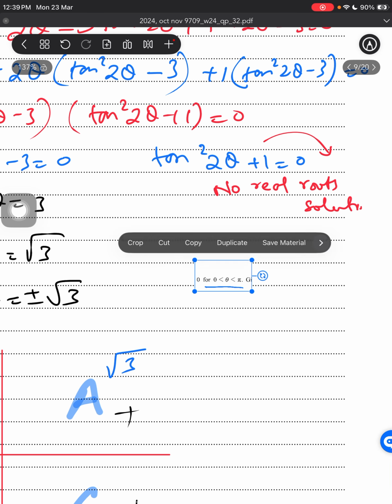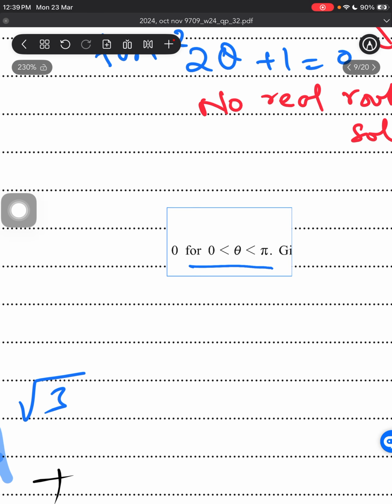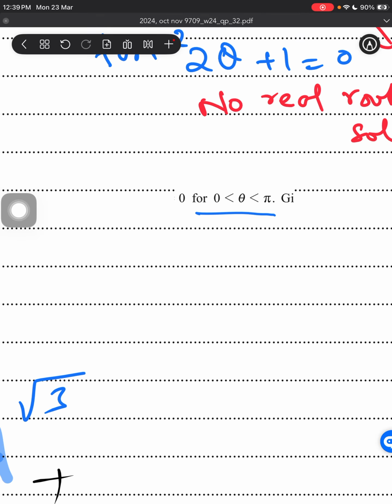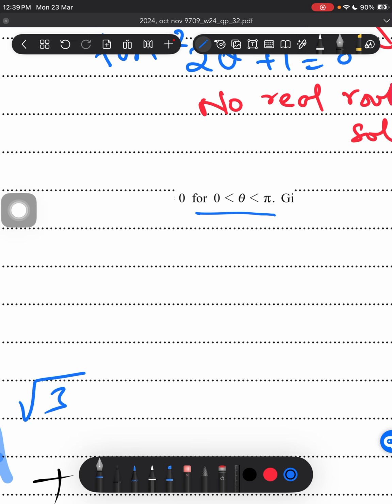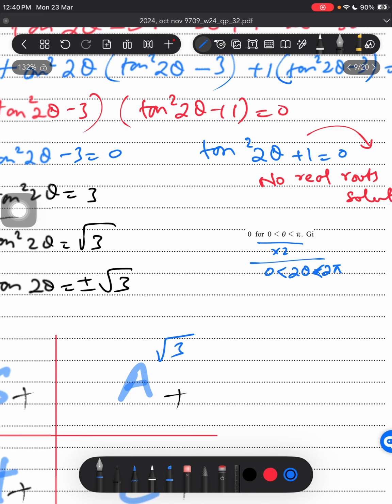Before starting the working, the range is 0 to theta, and we'll just multiply this with 2. So you will have the range of 0 to 2 pi. That would be our new range.